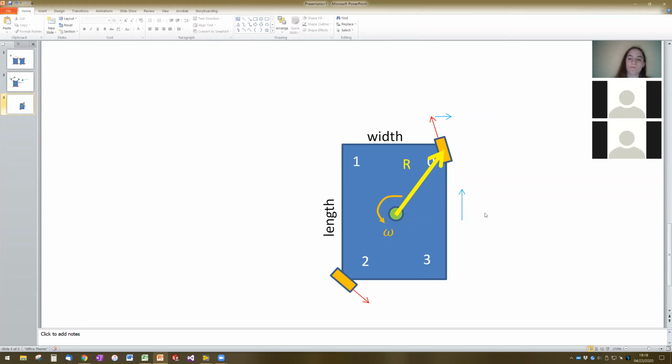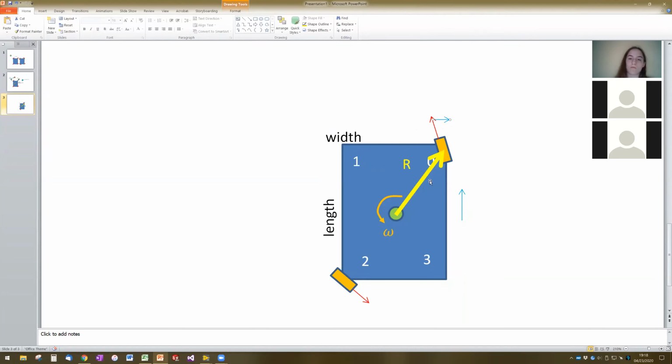Half of the width. Yep, half of the width. And then similarly, what would be the perpendicular distance from the center of the robot out to the y component of the length? Half the length, exactly.